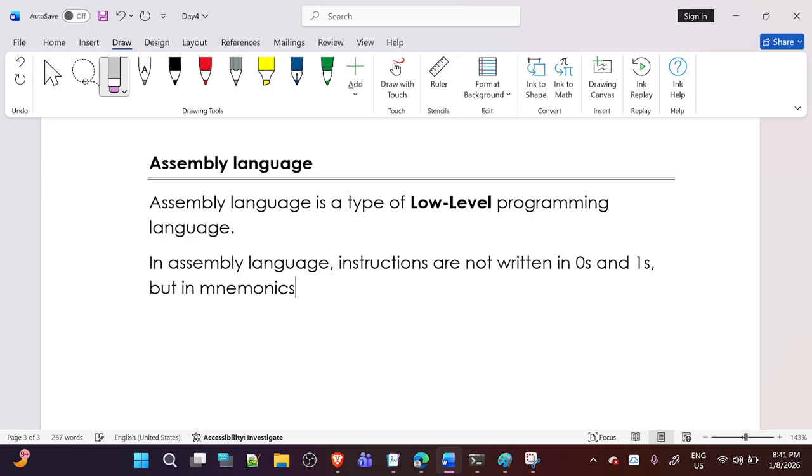So what are numerics? We can say short words, or symbols, or verbs. Understanding, guys? Yes, sir.